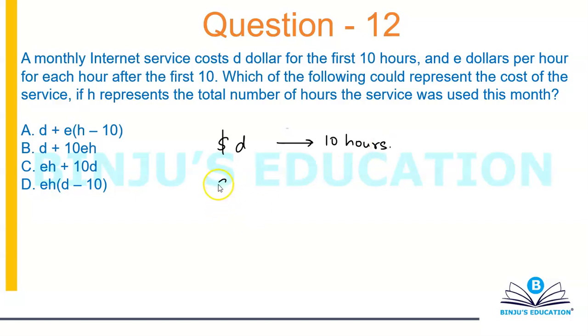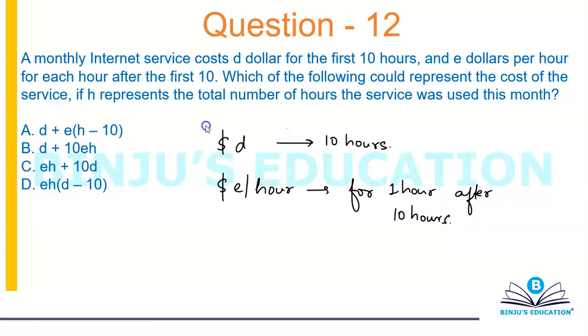So for this service you have to pay $E an hour for 1 hour after 10 hours. So for the first 10 hours you have to pay $D, and for every hour after that you'll have to pay $E for 1 hour.